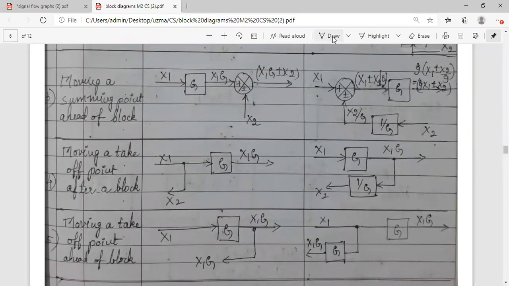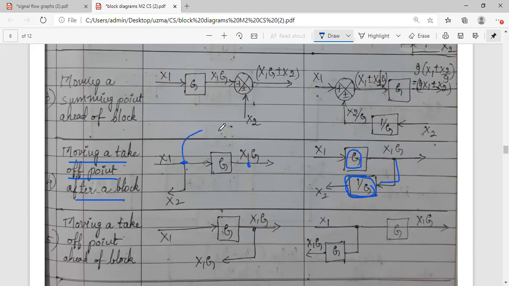Moving a takeoff point after the block. So when you move a takeoff point after the block, see here it is before, you have to move it here. So if you move it, what new thing you have to add? In the path, ये जो भी आपका gain available है, उसका reciprocal आपको यहाँ पर और एक block introduce करना पड़ेगा.